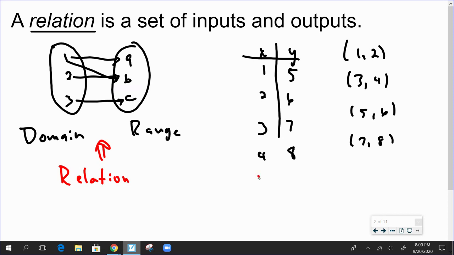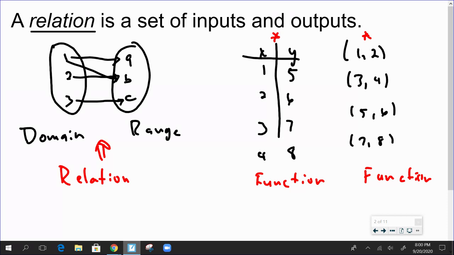The other two are both functions. And what makes a relation a function is, if you notice, every x value of these two has a different y, and only that x value goes to that particular one.